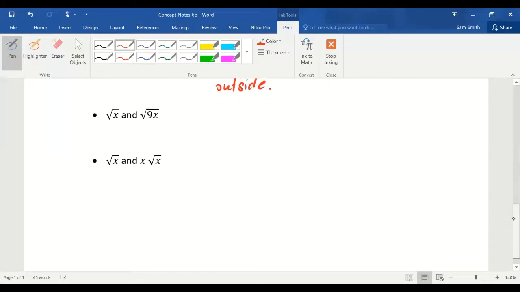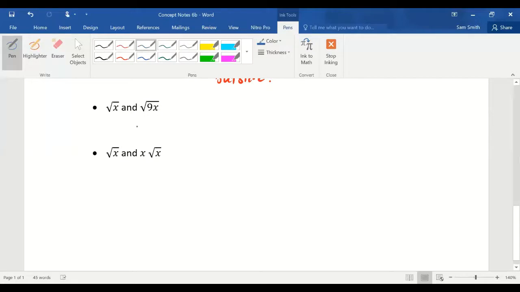Now, what do you think about this one? Root x and root 9x. Are these like terms or not? I think the temptation is to say that these terms are not like because their radicands are different. And this is a great instinct. But the issue is that this root on the right-hand side hasn't been simplified yet.